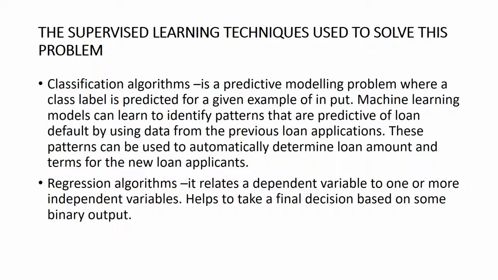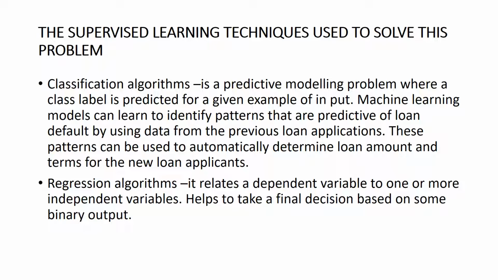In my project, I'm most likely to use supervised learning techniques, because there are two techniques that I'll be using, and they are important. First of all, the classification algorithms. This is a predictive modeling problem where a class label is predicted for a given example of input.